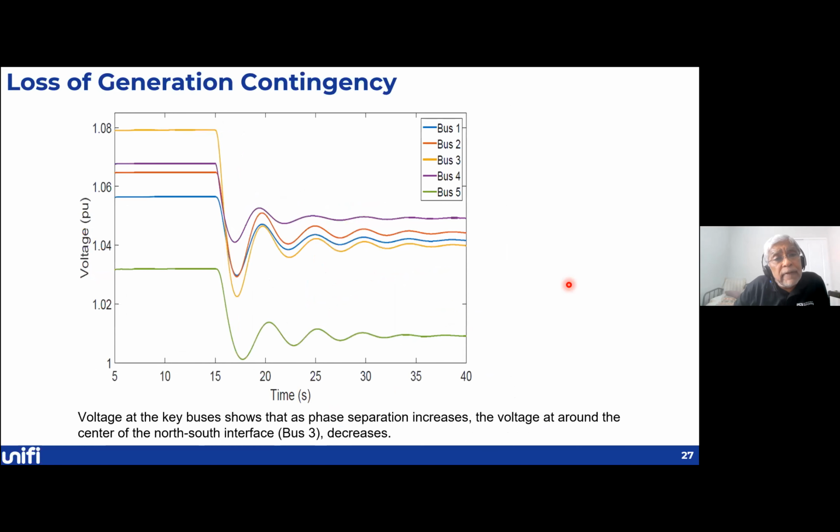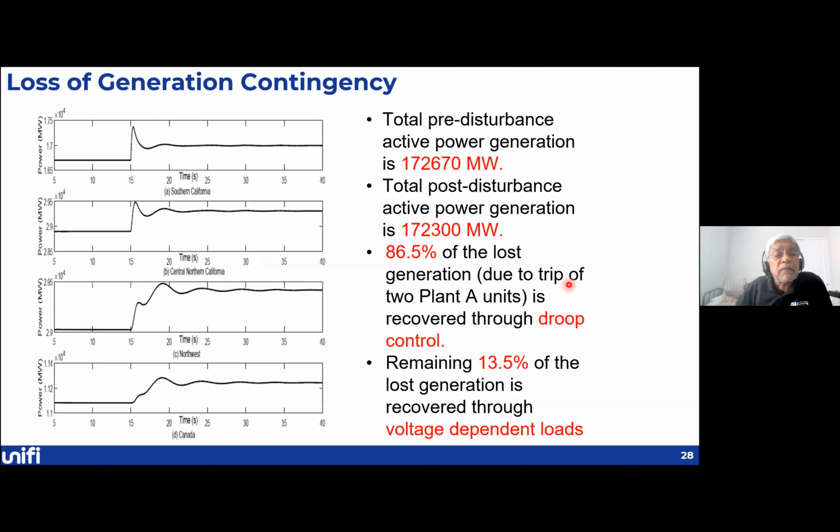And then you will notice that we also monitored the voltages at these 5 buses. The voltages drop, but they are well within the specified limit of 0.95 per unit, which is what is required within WECC. Then comes the question, where did this recovery come from? So we looked at the actual flow from Southern California, Central Northern California, the Northwest in Canada.